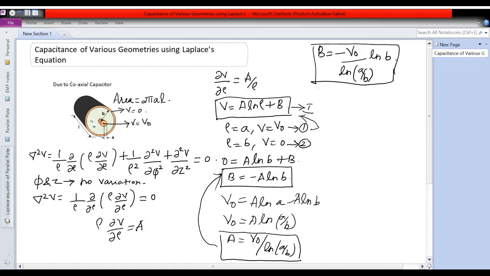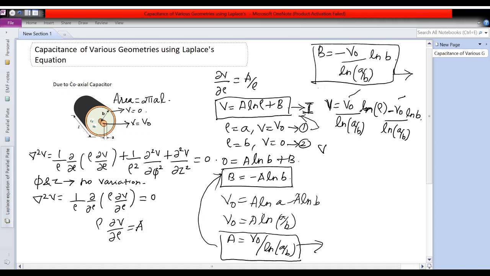Now substitute this B value and this A value in equation 1. When you substitute, V will be equal to V naught over ln of A by B into ln of rho, minus V naught over ln of A by B into ln of B. So when you see this equation, these two are common terms.